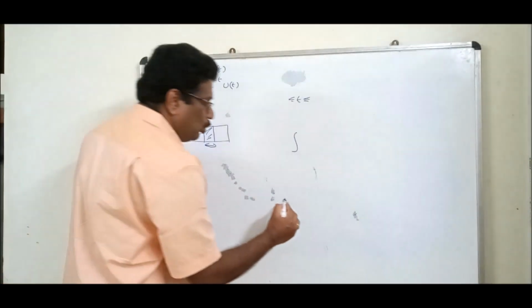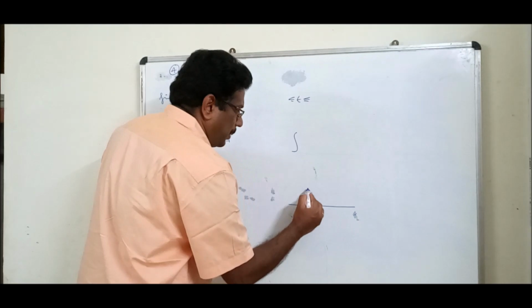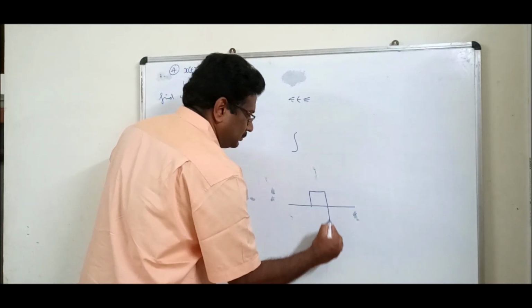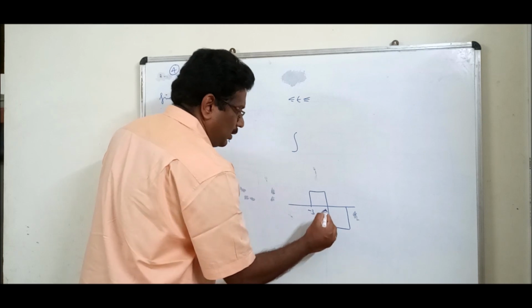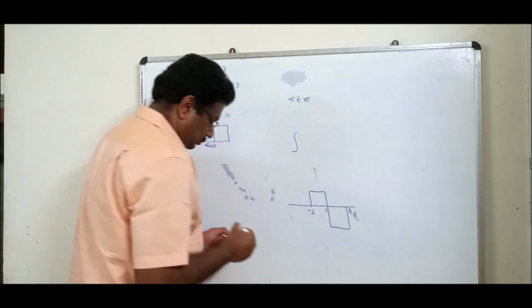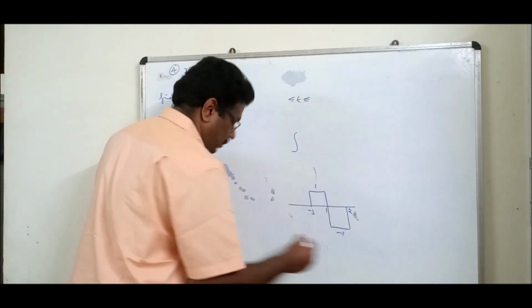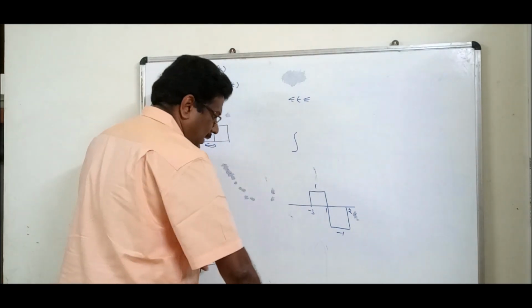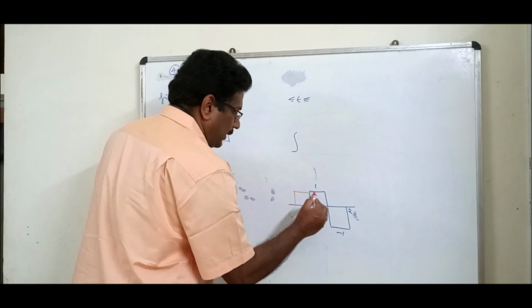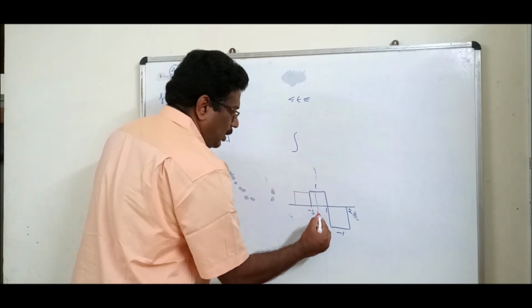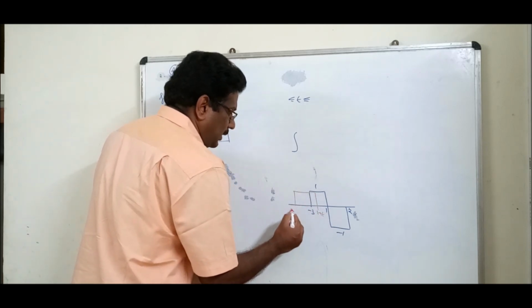Sometimes you may get a problem like this. So let's say minus 3, 1, 2, with amplitudes 1 and minus 1. And let me say there is one more sketch where I have an amplitude like this, let us say 1 plus t and 3 plus t.